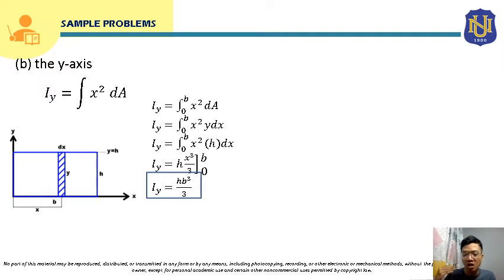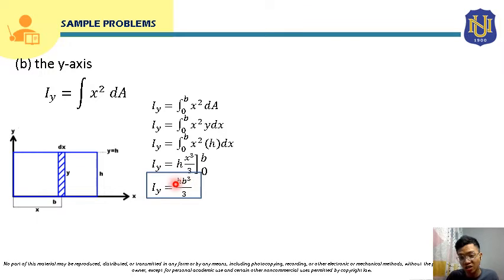As you can notice, they are just interchanged, because if we use the y-axis as the reference axis, if we change the orientation, let's say this y-axis is the x-axis, the base here will be this and the height will be this.